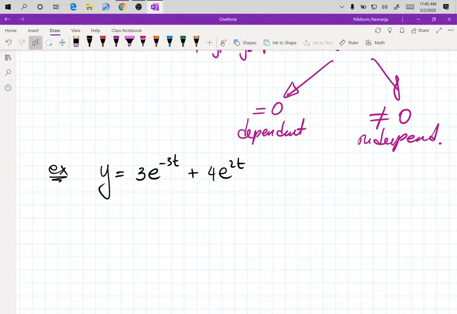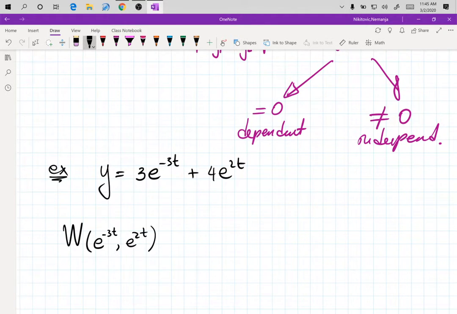To calculate the Wronskian, we do not need to worry about 3 and 4 at all. We can just say e to the negative 3t, e to the 2t. We do not have to worry about the constants there.